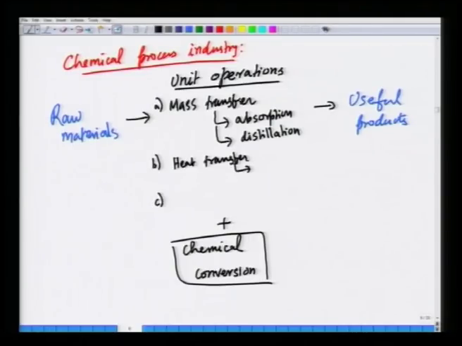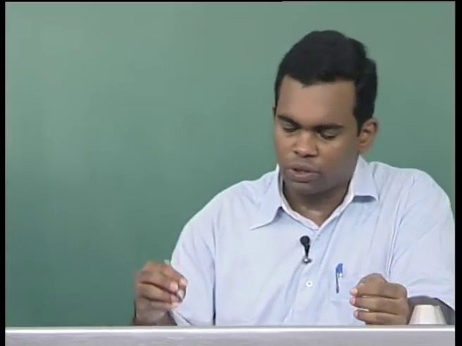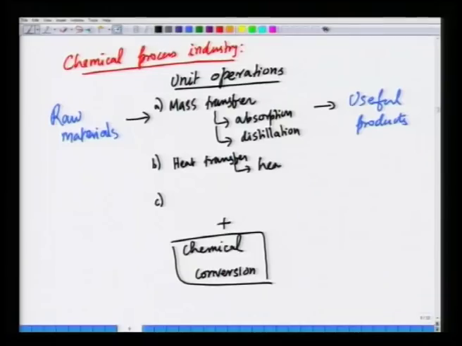which involves heat exchangers where you want to remove heat from one stream or add heat to a stream by virtue of fluid flow. Okay. So, heat transfer by virtue of heat exchangers, and then finally, purely mechanical operations.